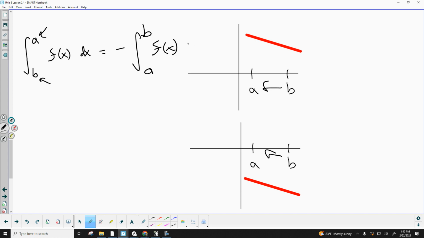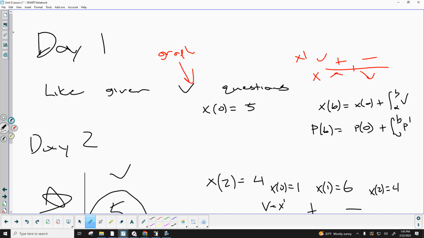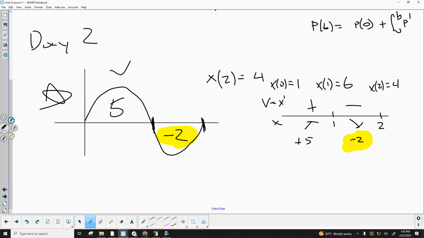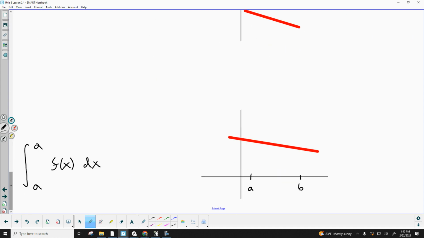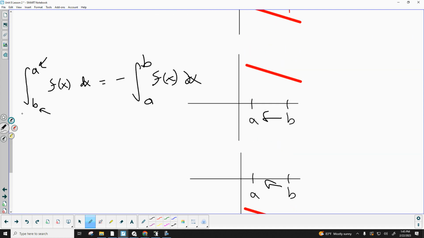This should intuitively make sense to you if you understood why we did not subtract 2 from 4, why we added 2 to get to 6. When we went from right to left, we did the opposite of what we did from left to right. Is that cool? Okay. So sometimes you're going to have to understand that I'm going from right to left.